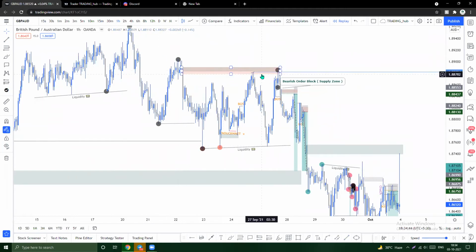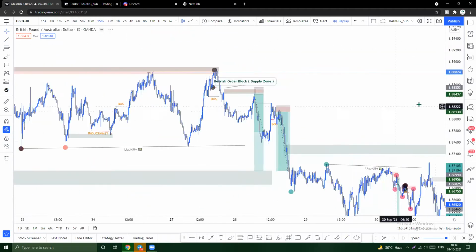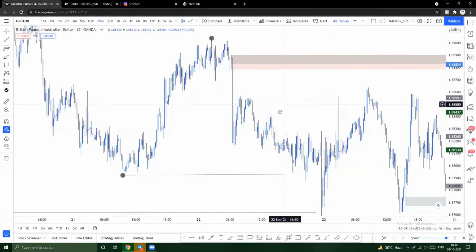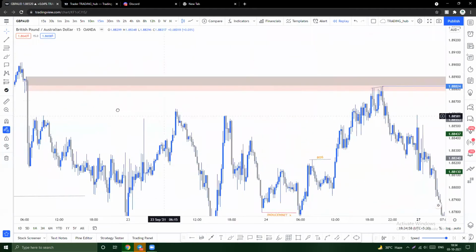So I see this is a supply zone at this point, and now in the 15-minute structure, we can see this is a bearish order block right here.